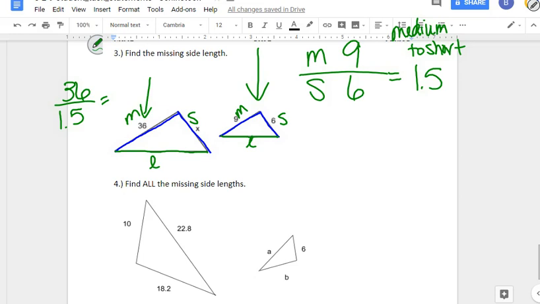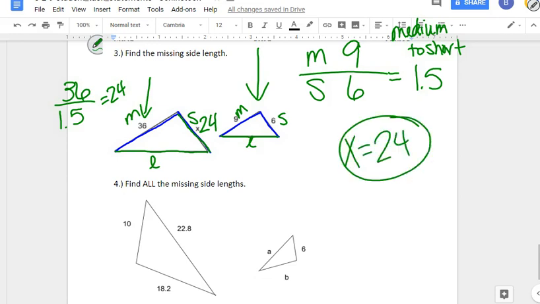When I type it in my calculator, if I accidentally type 36 times 1.5, I get 54. I know that answer does not make sense because this number has to be smaller than 36. So all I have to do is go back and divide instead. And I get 24. So the missing side length, x, is equal to 24.